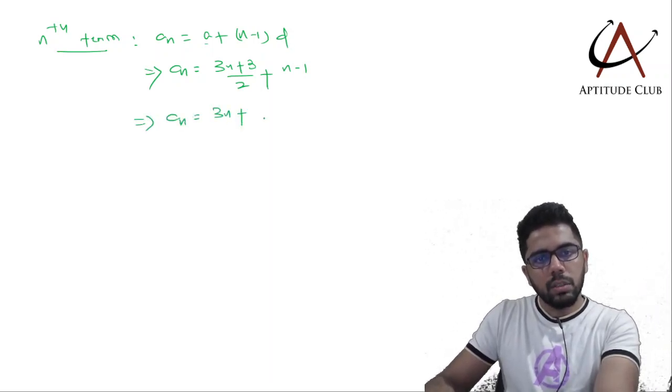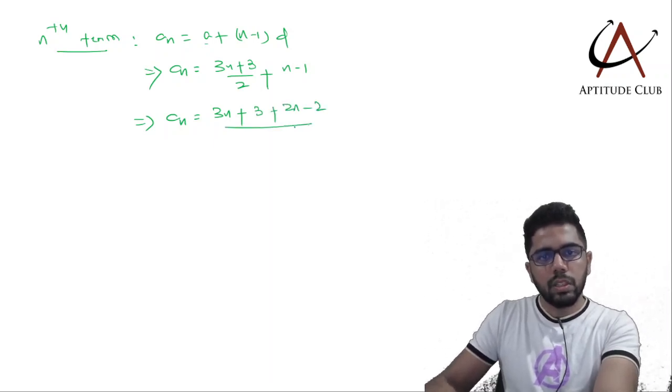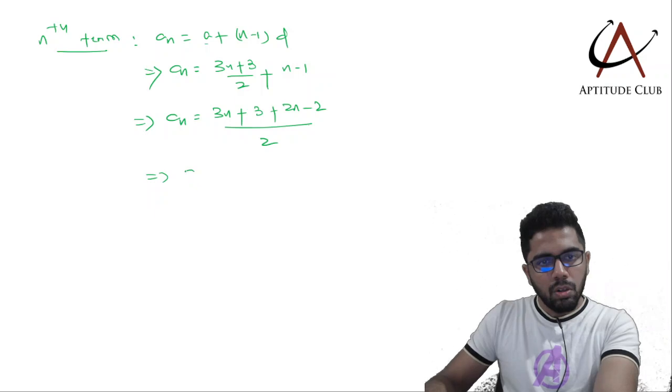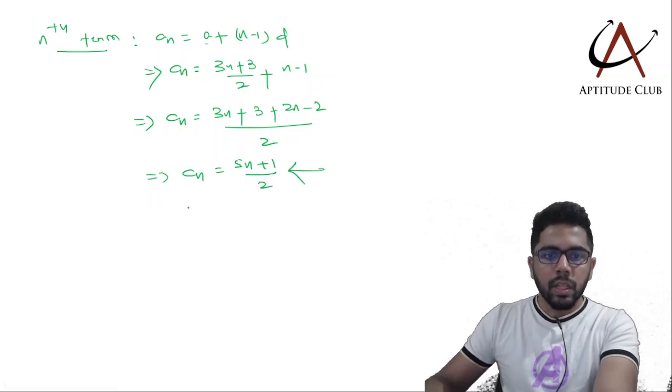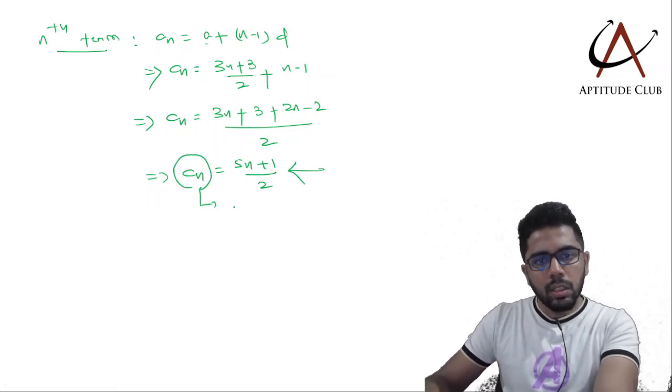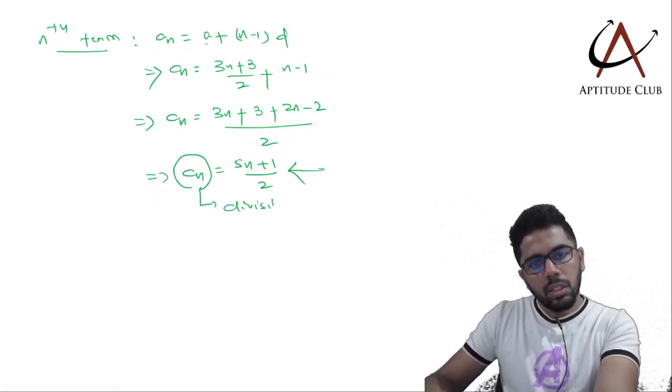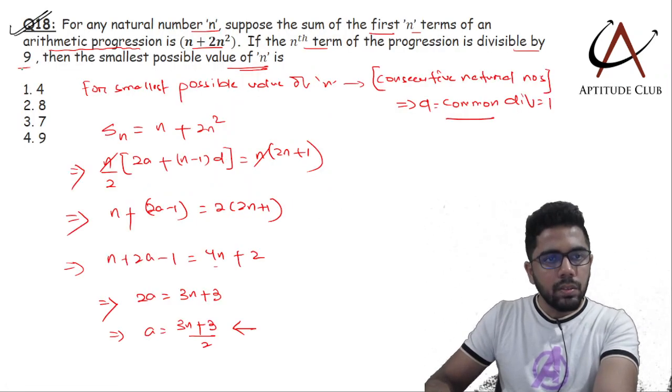It becomes 3n plus 3 plus 2n minus 2 divided by 2, and an becomes 5n plus 1 divided by 2. Here the question is saying an is divisible by 9. यहाँ पे दिया है.